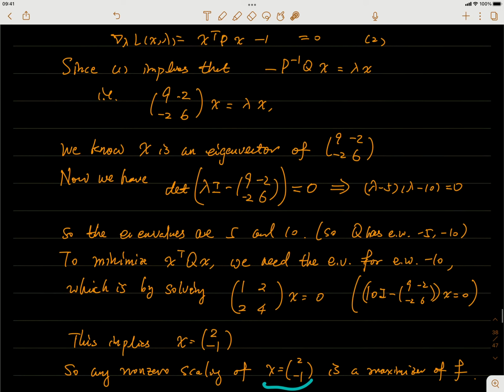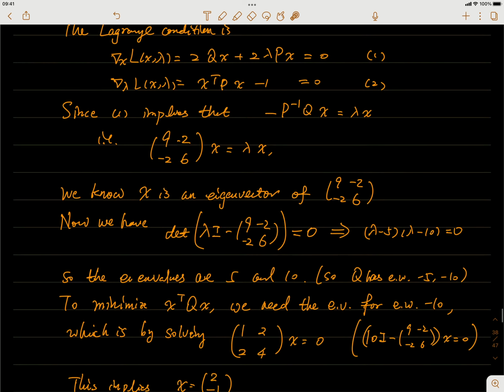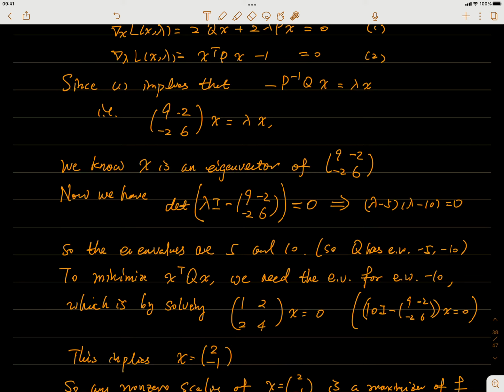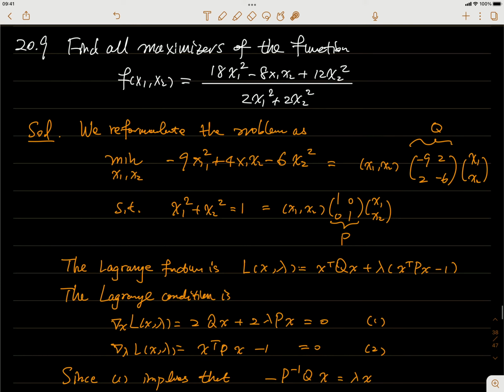Because originally the problem did not require x to have unit length, you can feel free to scale the x you have, and it doesn't change the ratio. So any non-zero scaling of this x right here is a solution, a maximizer of this ratio. So that's all the maximizers for this function. Just all the non-zero scalings of the vector (2, negative 1).